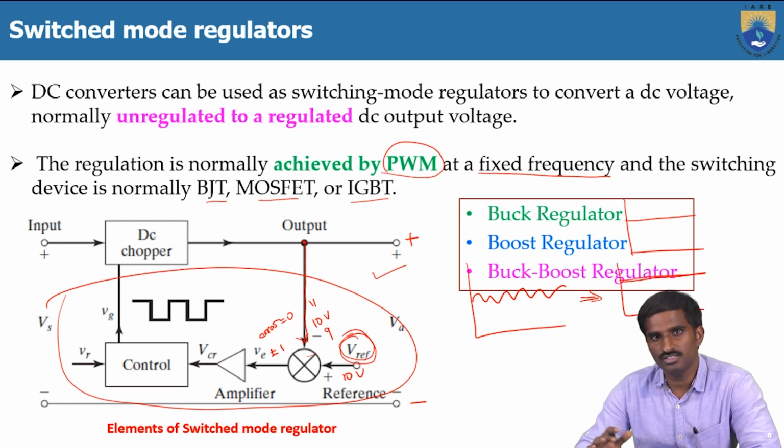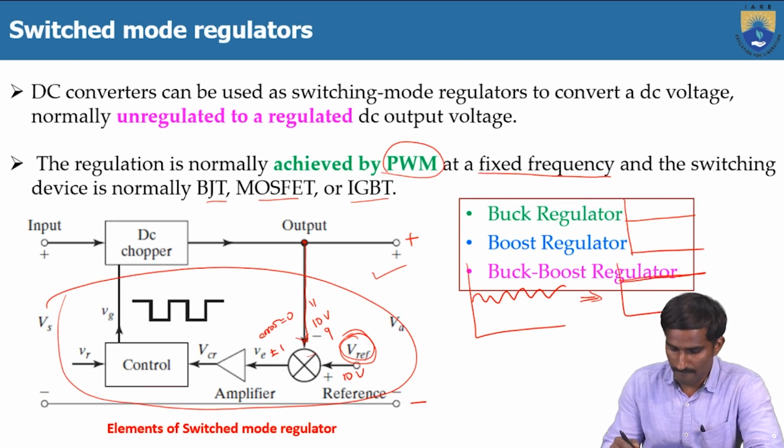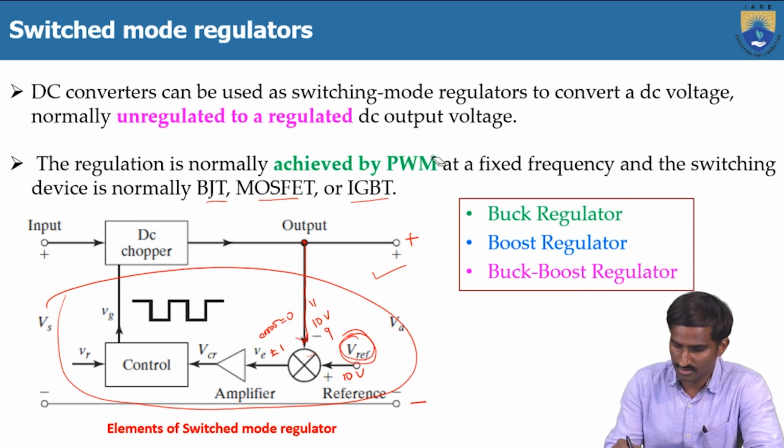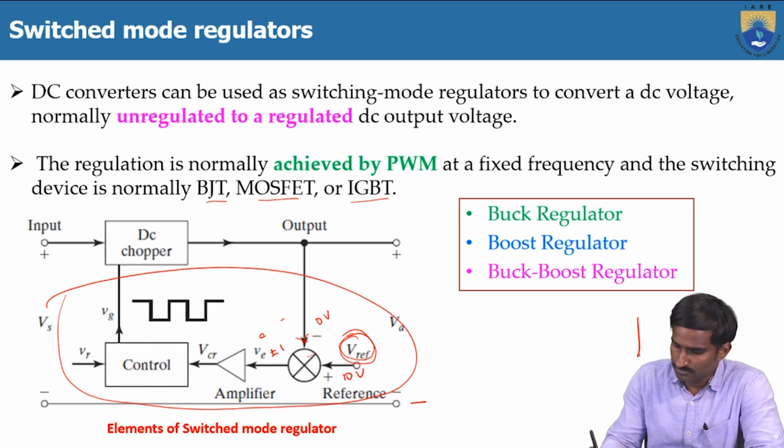So by taking this charging and discharging capability of the inductor or capacitor, we can convert the unregulated DC voltage to regulated DC voltage. How can we convert? So let us consider one capacitor.